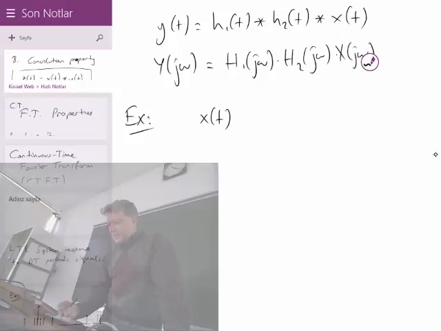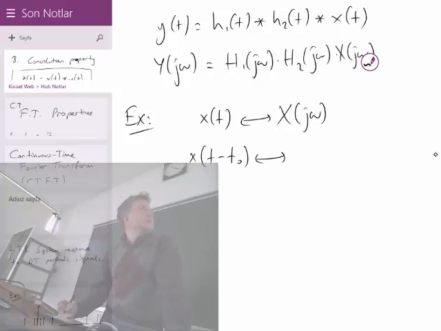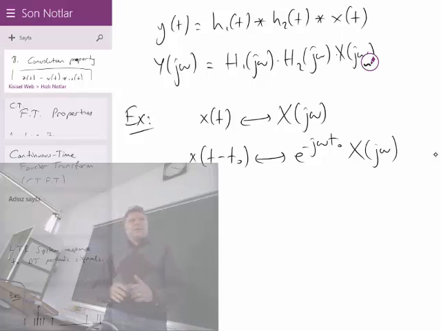It was even a property. If x of t has a Fourier transform of x of j omega, what was the Fourier transform of x of t minus t0? e to the minus j omega t0 x of j omega. It was this. Remember that?